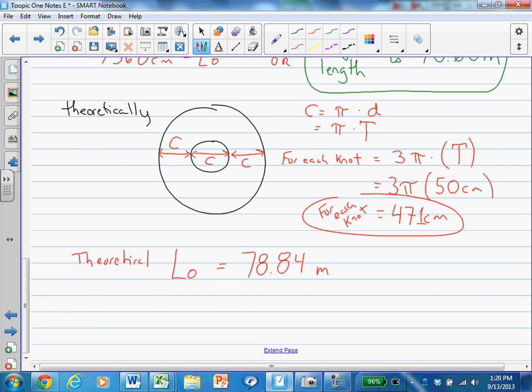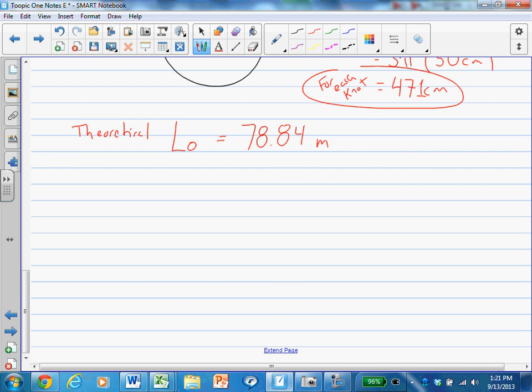Okay? And so with 4 knots, that's about 4.71 meters. 4 times 4.71 added to 60 gives me this. Now I can do the percent error. And you have the percent error formula on your sheet, that sheet of equations I gave you, some equations, some information, constants and stuff.